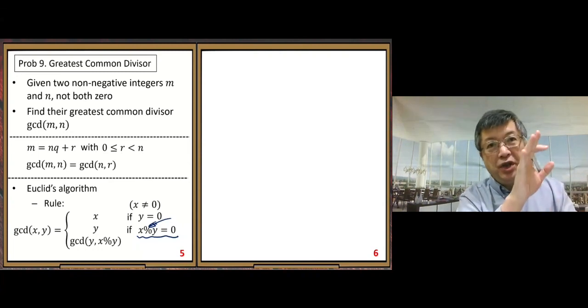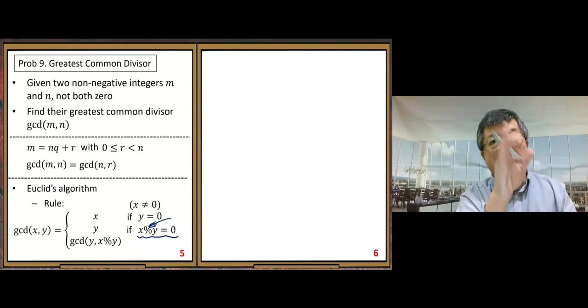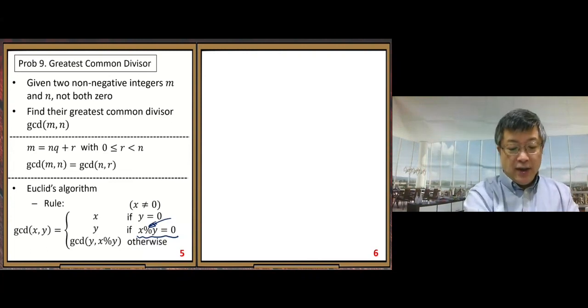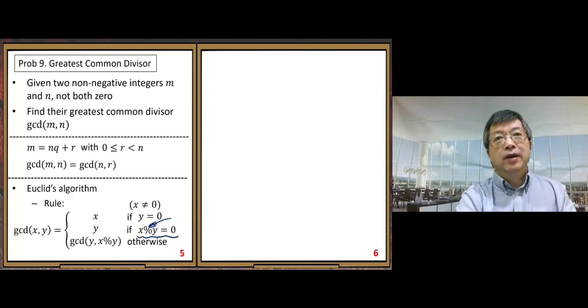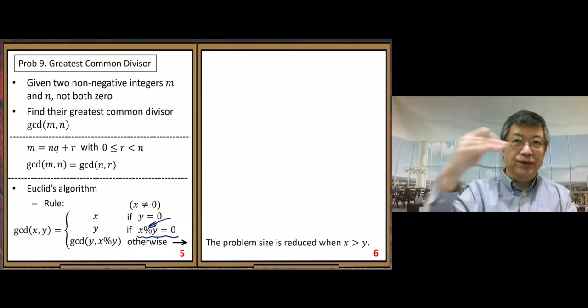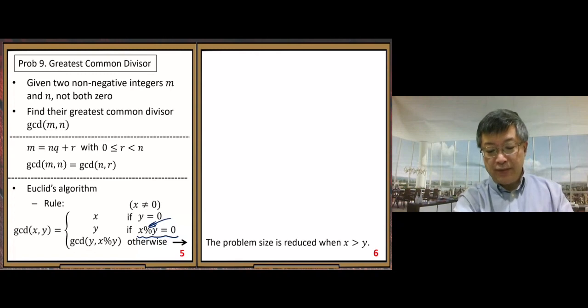Otherwise, GCD of y and x mod y. x mod y is the remainder part. All right. So with this relation, we can easily write our code, implement this function, recursive function, in this way.